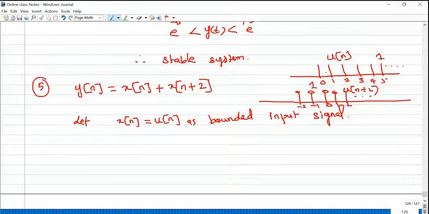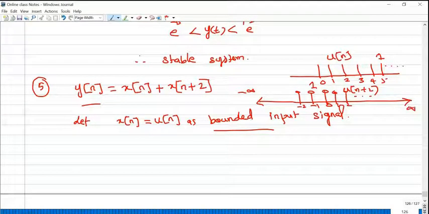So if we add these two signal magnitudes, will you get any infinite value? No, sir. For a bounded input signal, your output signal y of n amplitude is also a finite value for all the values of time between minus infinite to infinite. For all the time instants, your output signal magnitude is bounded.